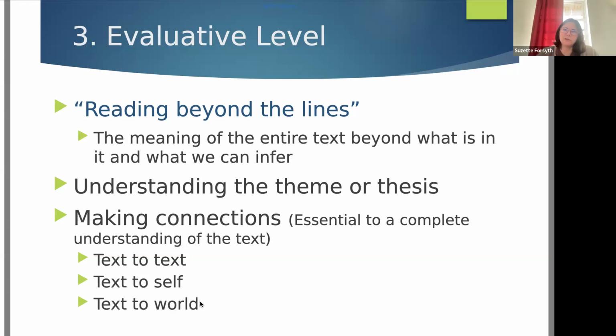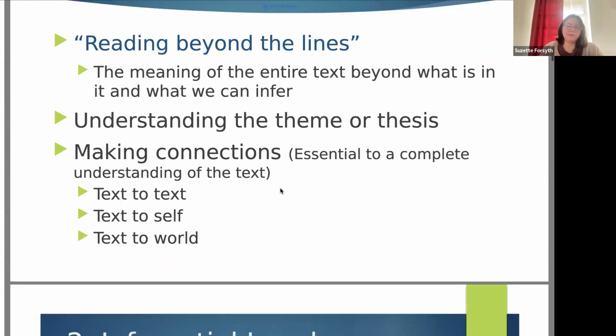But generally, your inner group of people would still be a self situation. So you're going beyond that. So it could be something going on outside of your own group of people in that small area, or somewhere far away across the globe. So anything going on in the world would be a text to world type of connection.